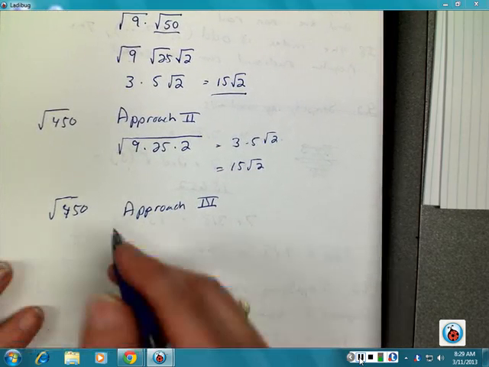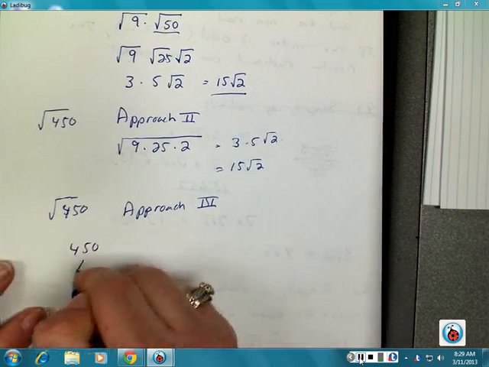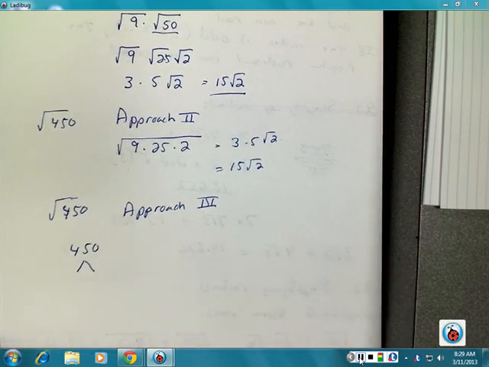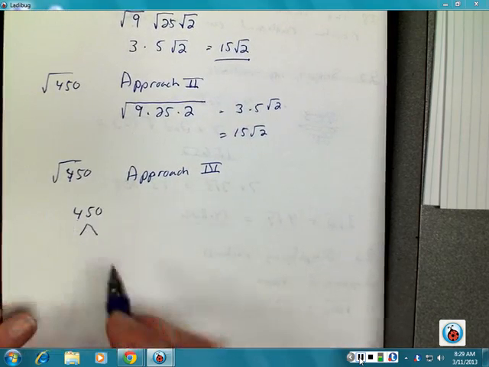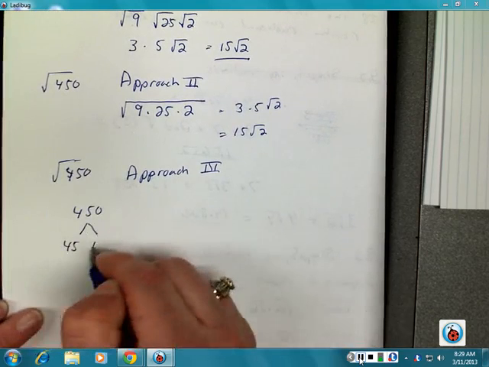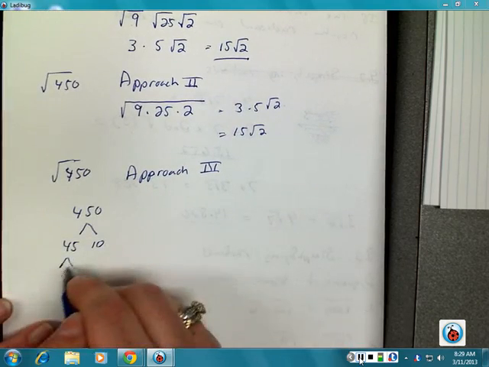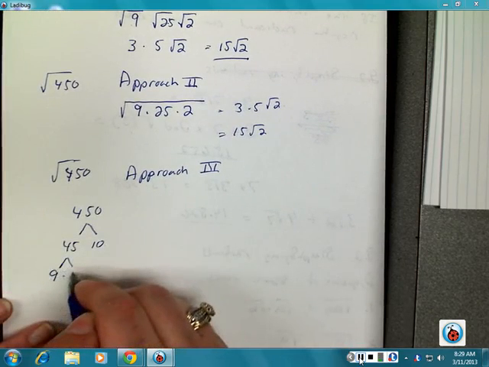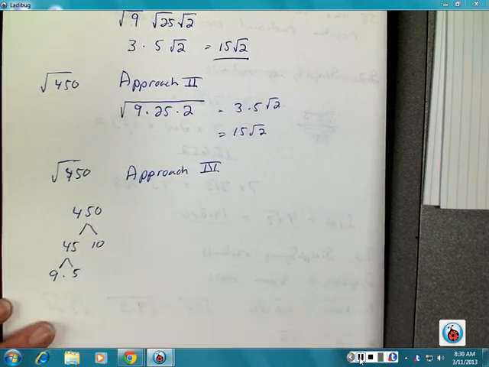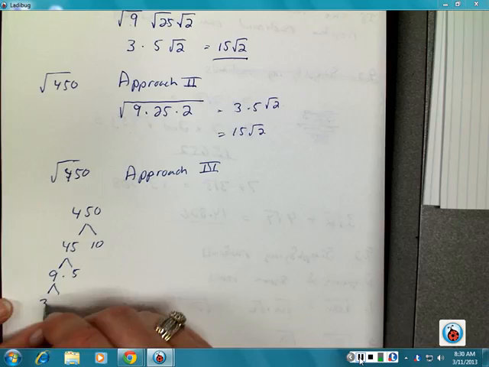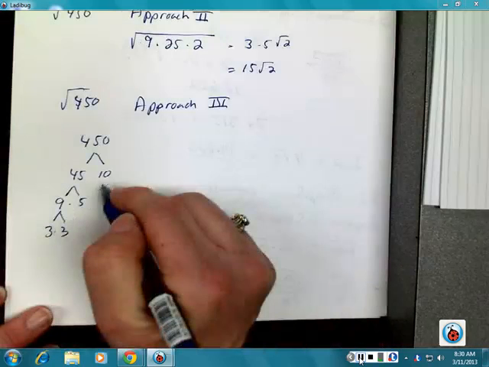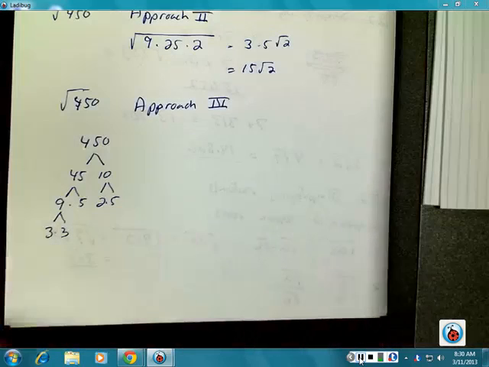But within these, if I take 450 and break it into its prime factorization, 450 is made up of 45 and 10. 45 is made up of 9 and 5. And 9 is made up of 3 times 3. 10 is made up of 2 times 5.